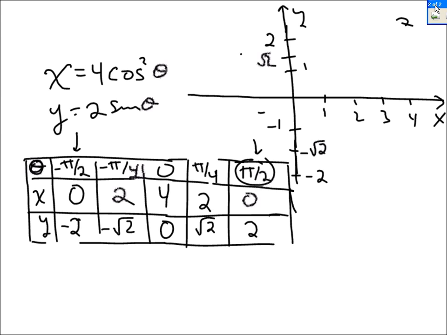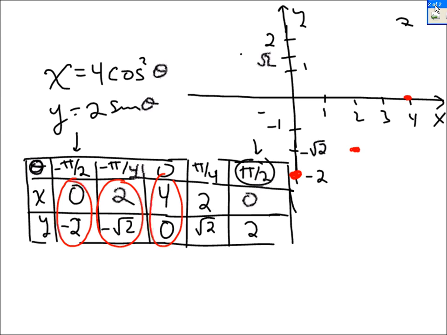So we plot the first point, 0, negative 2, which is right here. And then x is 2, y is negative square root of 2, which is right here. Then we plot x is 4, y is 0.